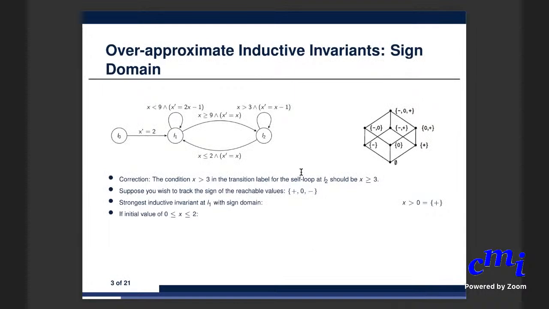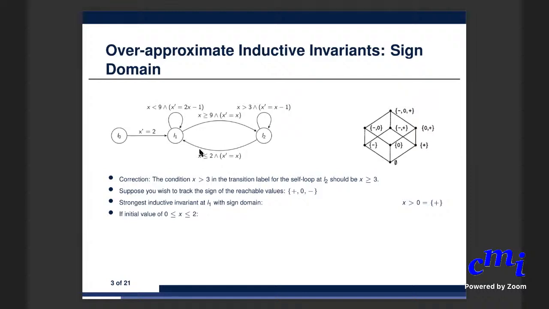So for example, if you only care about tracking whether the possible values at these locations are positive, negative, or zero, then you can map the actual set of values that the program variables can take into this kind of domain. Here it's a finite set, and so you could compute these inductive invariants, the strongest possible, in this domain, which is called an abstract domain because it is an abstraction over the actual set of values.